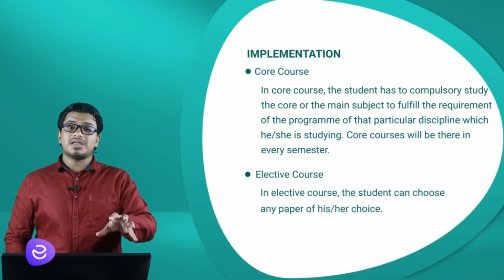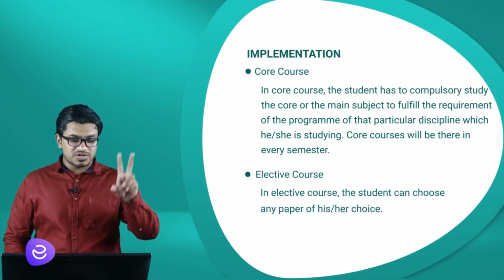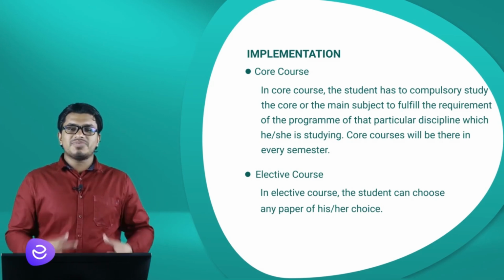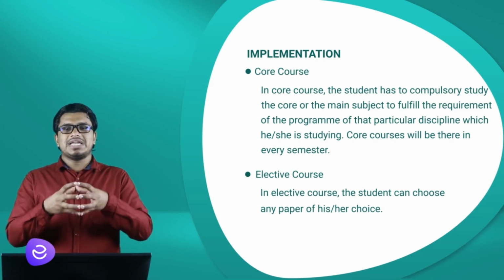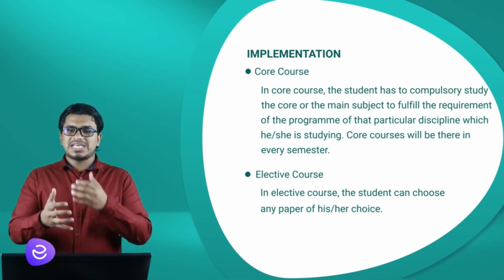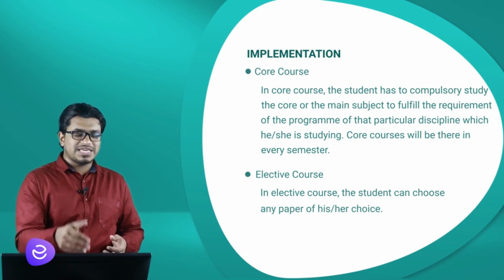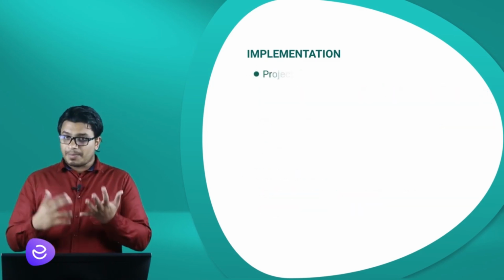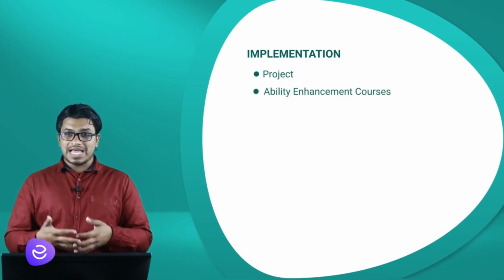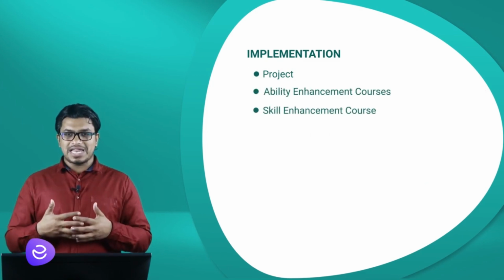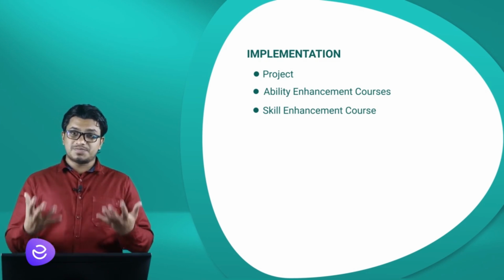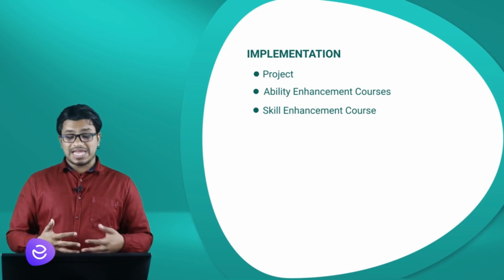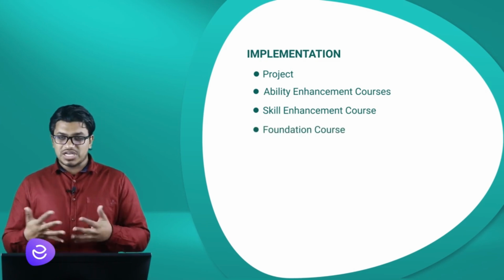But apart from that, there are elective courses. That is the second type of course. From the elective courses, the student can choose any paper that he likes and learn it. That is a flexibility given to the students. Then there are project works, ability enhancement courses, and skill enhancement courses like soft skills, interview skills, personal skills, personality skills, then foundation courses.